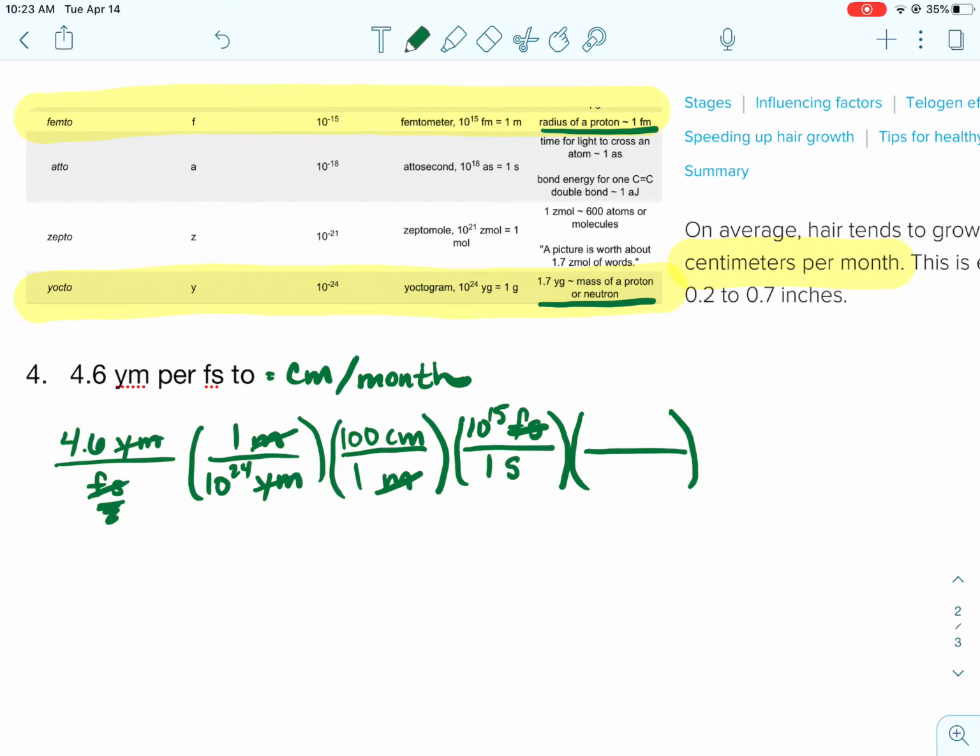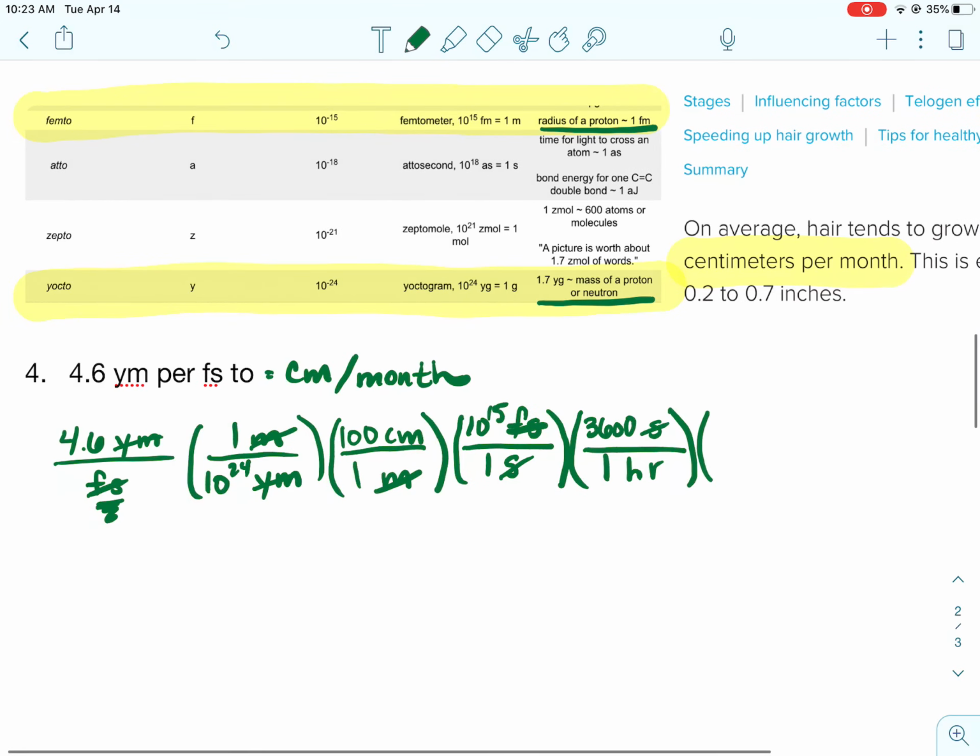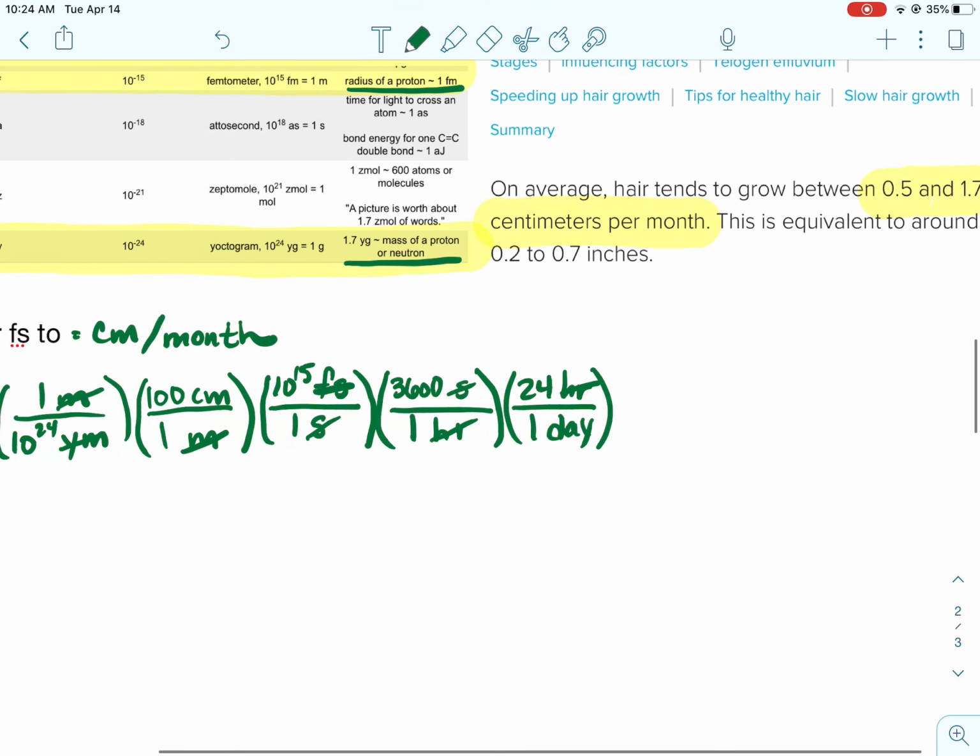So that will cancel. All right, we don't want seconds, we want months. So for seconds, we need to get up to months. So let's just go ahead and work with hours. So I do know there are 3,600 seconds in 1 hour. So that will cancel seconds.